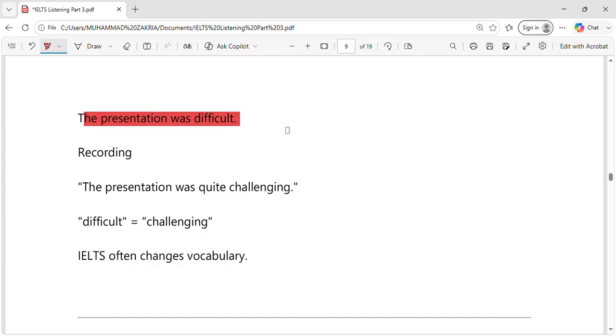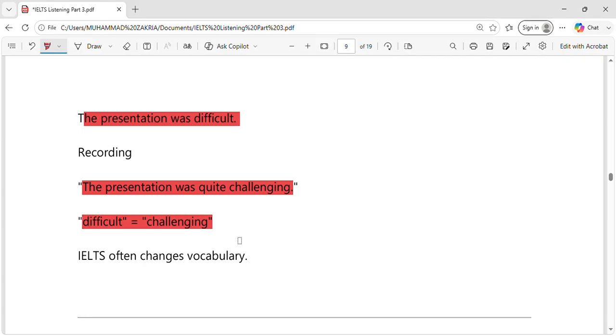The presentation was very hard. The presentation was quite challenging. Here they convert difficult to challenging. So difficult to challenging is a synonym. The synonym of difficult is challenging. Okay, so this is how.